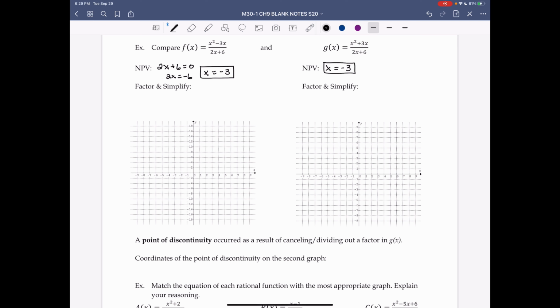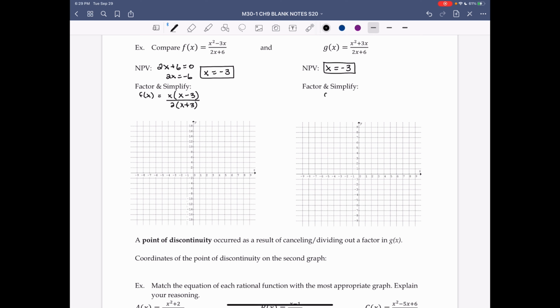Factor and simplify. Factoring f of x, we get x times x minus 3 on the top. We factor out the common factor of x on the top, and on the bottom we get 2x plus 3, factoring out the common factor of 2 from the bottom.